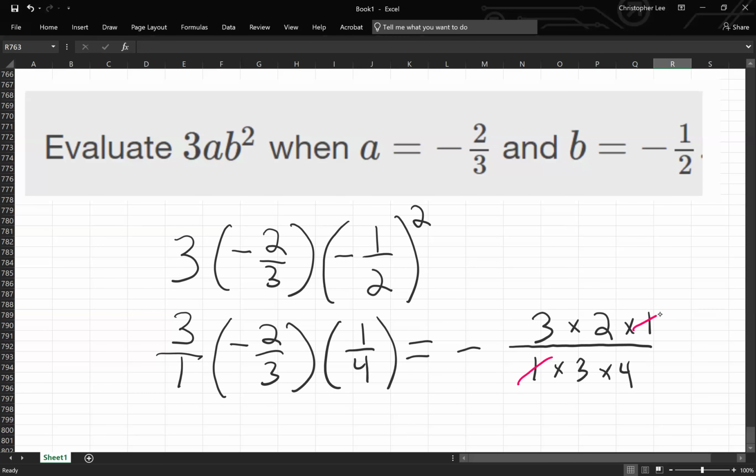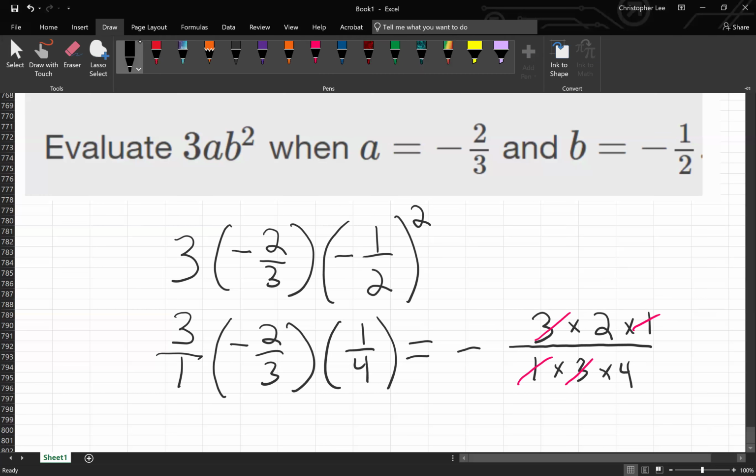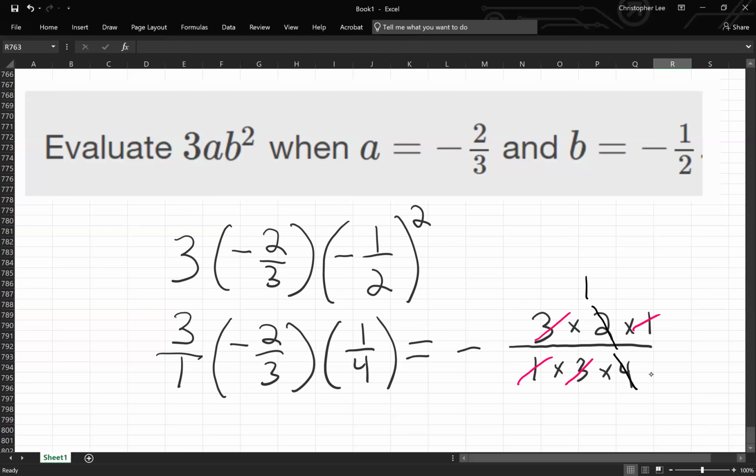I got the 1, 1. I got the 3, 3. And I can reduce the 2 and the 4, can I? 2 goes into 2 how many times? 1. And 2 goes into 4 how many times? 2, right? So here's my final answer. Negative 1 over 2. And that's it. Questions about this? Good, good.